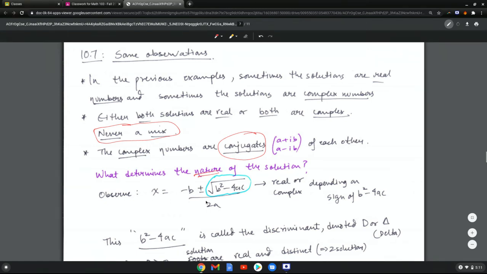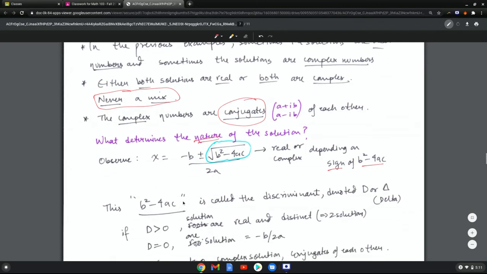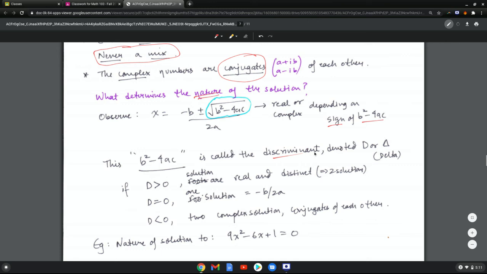In general, this is what x equals. The only place where a complex number can arise is when you have a negative inside the square root. So whether the answers are real or complex depends on the sign of b squared minus 4ac. We'll give a special name to this expression. We call it the discriminant, denoted by D or a triangle, which is the Greek capital delta.